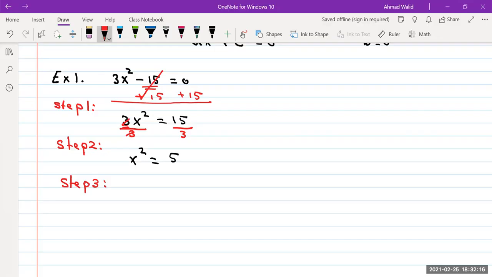Now, step 3. In step 3, apply the square root property. What does it mean? It means take the square root from both sides.